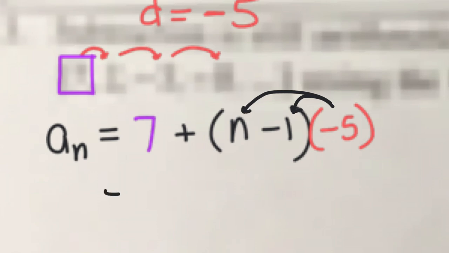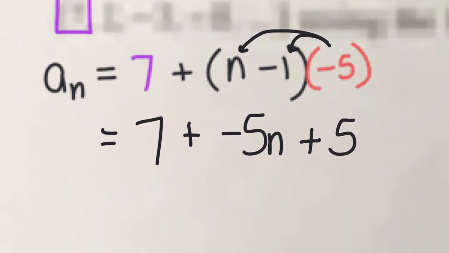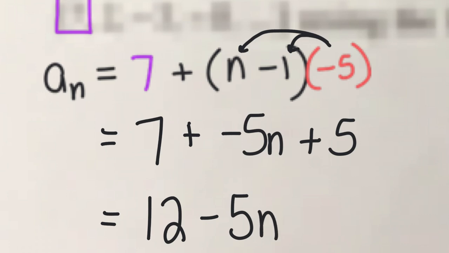So simplifying, we're going to do some algebra. 7 plus negative 5n plus 5, because negative 5 times negative 1 is positive 5. Then when I combine my like terms, 7 plus 5 is 12. So my equation is 12 minus 5n. That's my equation to generate any term of my sequence.